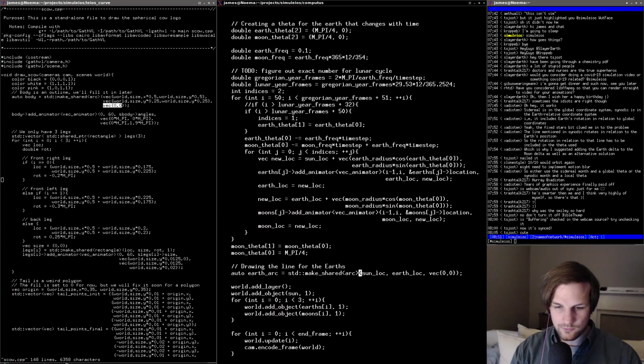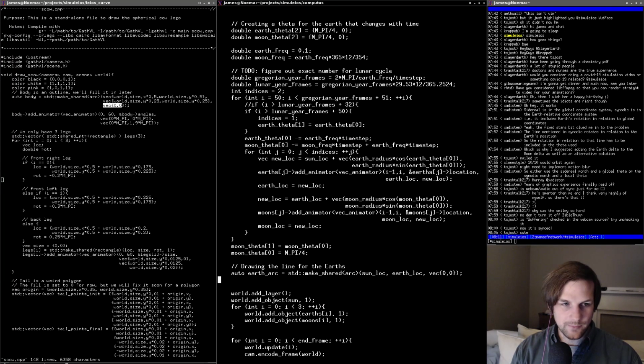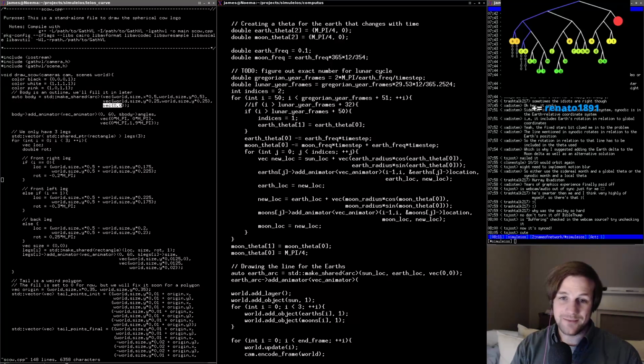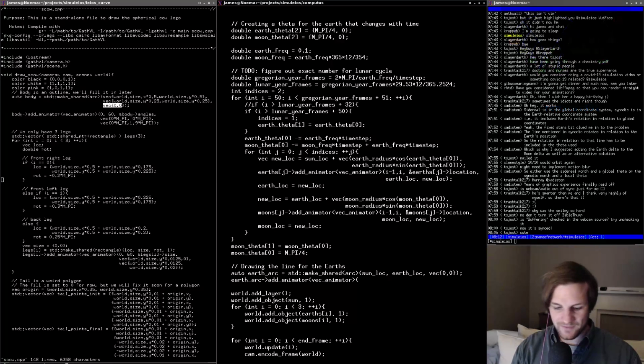And now I'm going to add an animator. So we're just going to say earth arc, and we're just going to add an animator to that. Okay. That's going to be a vector animator. And what are we going to do here? We're going to say it's going to go from whatever time we finished on, which should be 50 plus Gregorian year frames.